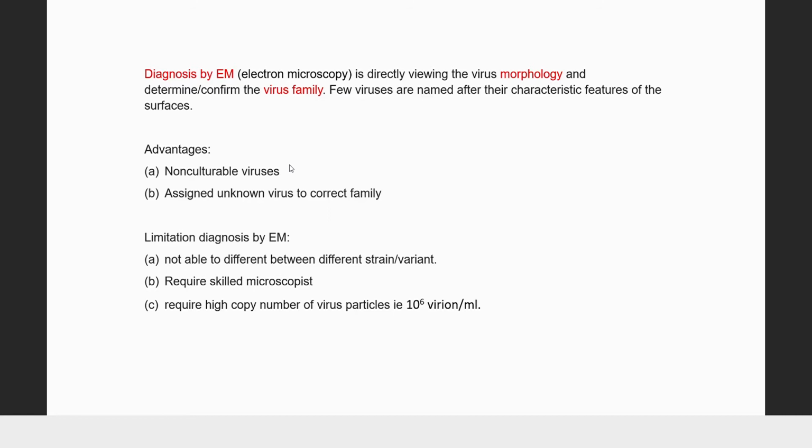So we're not able to see what changes they induce, but we can easily observe them under the electron microscopy. And after processing the sample and concentrating the virus, we can look at the morphology, and from there we can easily diagnose at least which family they come from.